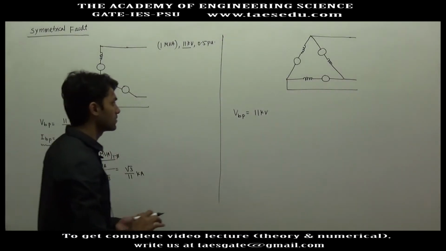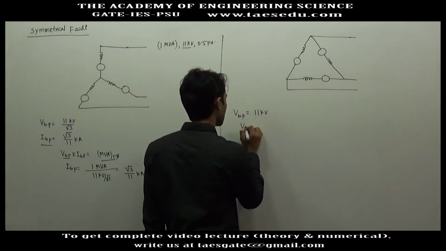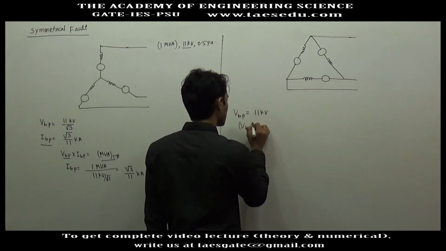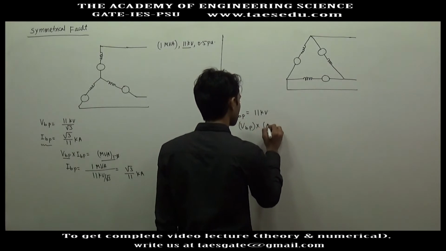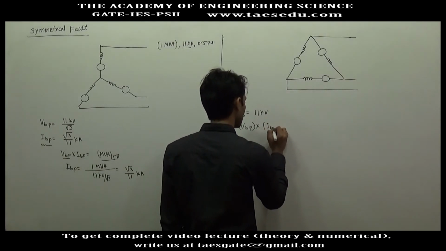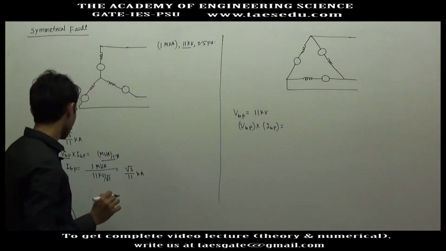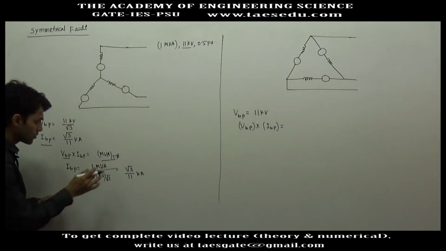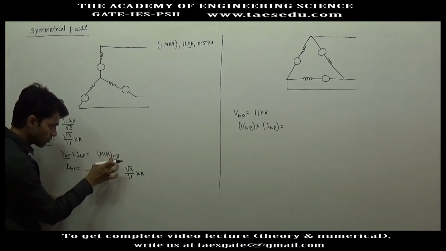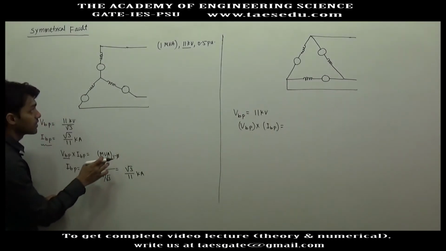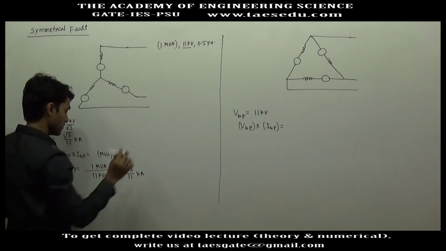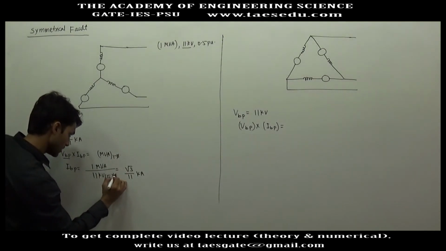Let us calculate here. Here also, base value of phase voltage into base value of phase current will be the MVA value of single phase. The rating is MVA value of 3 phase, so you will have to divide by 3 here.